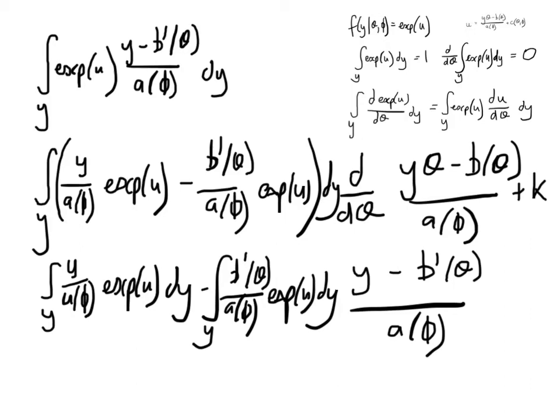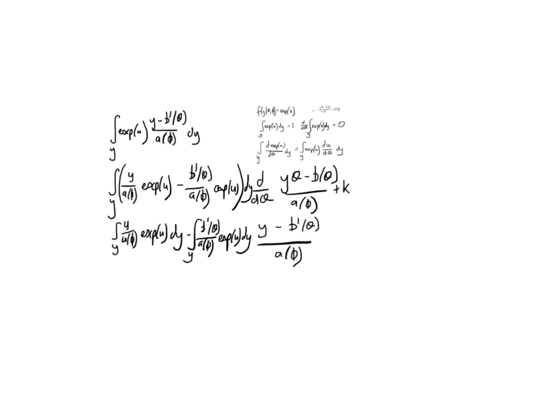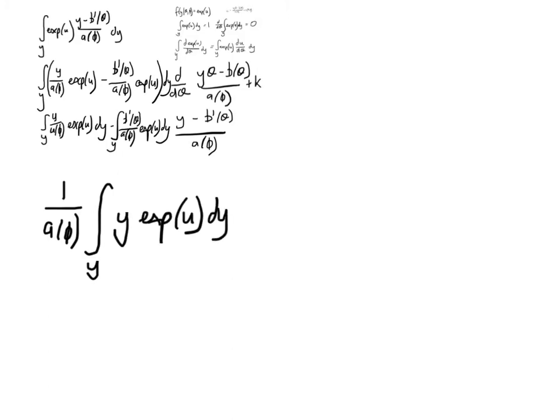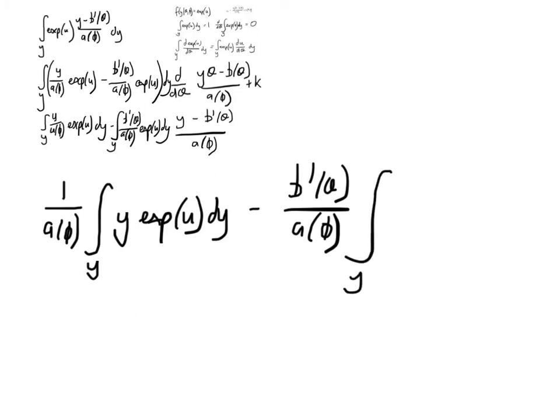Now there's a few terms here that are constant with respect to the integration, so we can take them outside the integral signs. So we're looking here at 1 over a of phi multiplied by the integral of y exp of u dy, and we're subtracting from that b prime of theta over a of phi multiplied by the integral of exp u dy.